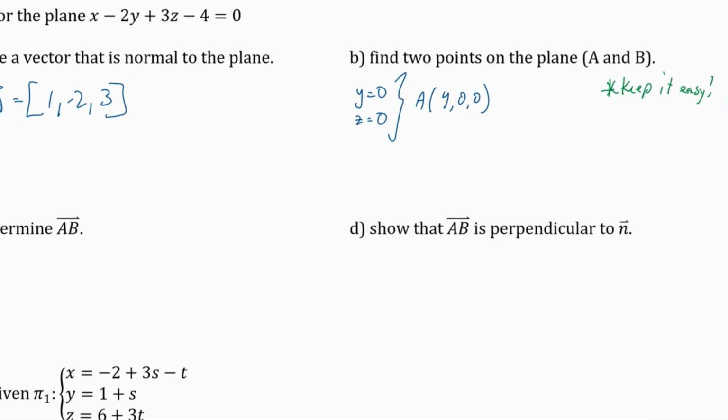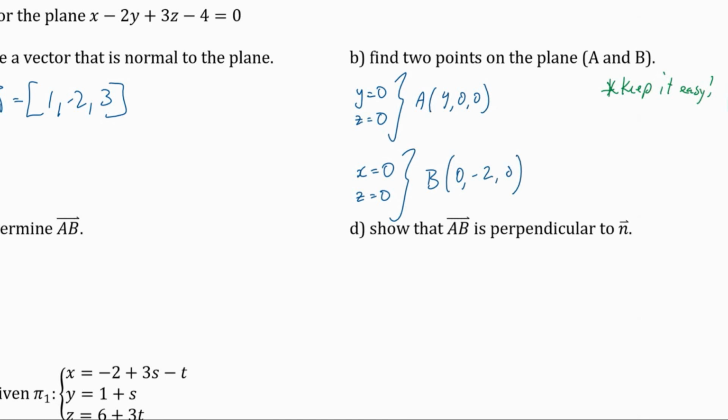But my recommendation is zeros always make it easy. So what if I set x equal to 0 and z equal to 0? Rarely, by the way, do we need to come up with more than 2 or 3 points. The intercepts are good ones to use because they have zeros in them. Or if for some reason you couldn't use intercepts, you could use at least 1 zero, if not 2 zeros. So I think that one works.